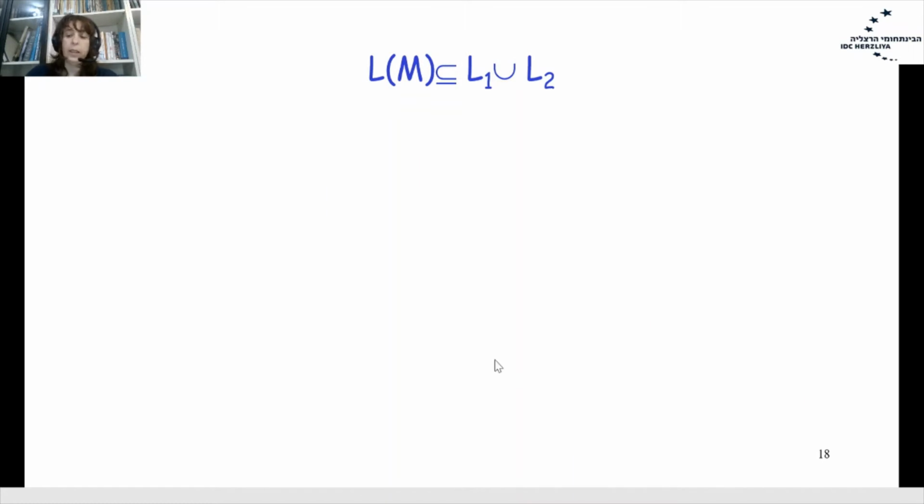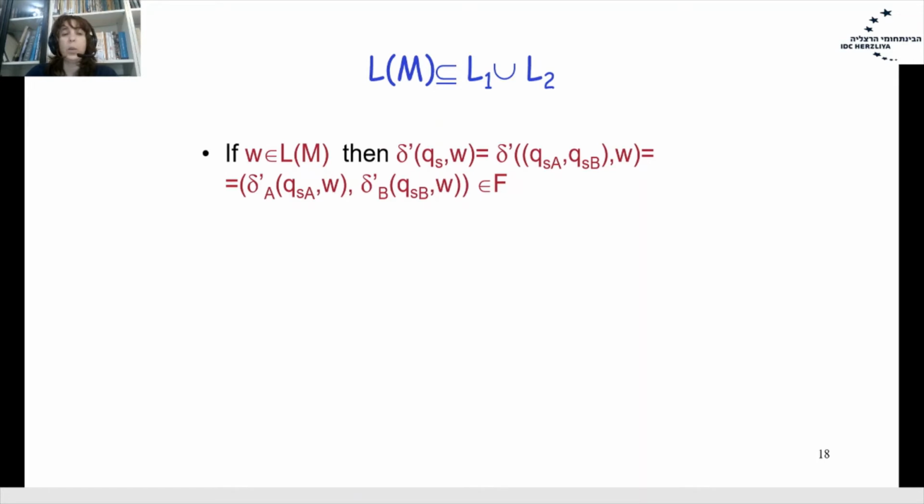The second direction, we are doing more or less the same. We start with the word W belonging to the language LM, and we define what it means that the word belongs to the language LM.